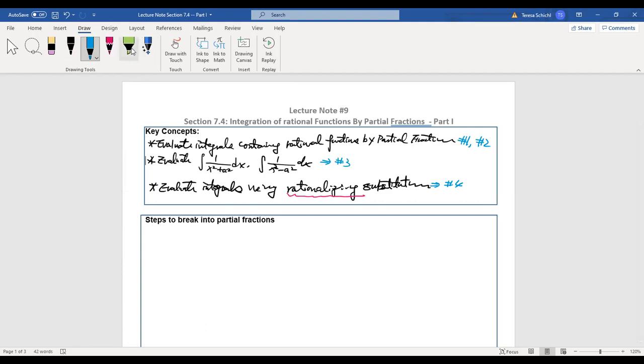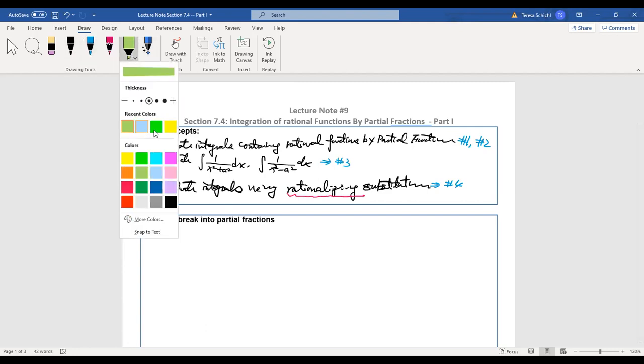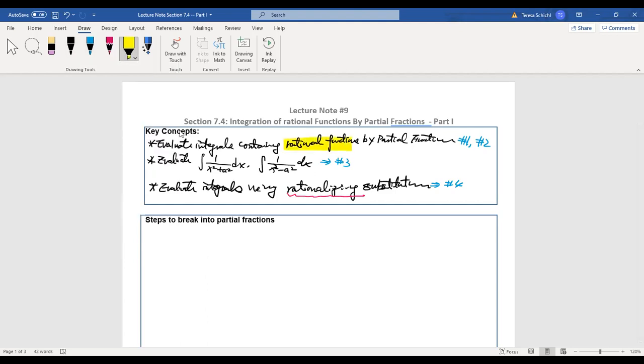Okay, so what are the steps to break into partial fractions? Remember, we now have rational functions here. What do we mean by rational functions? A rational function is a function in the form of P(x) over Q(x), something like that, and both are polynomials.